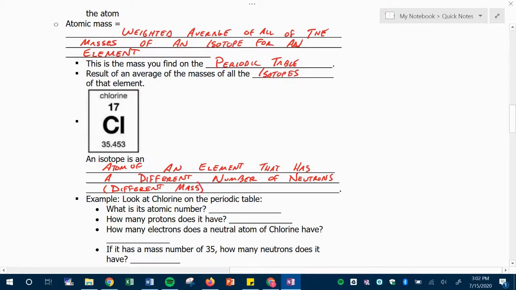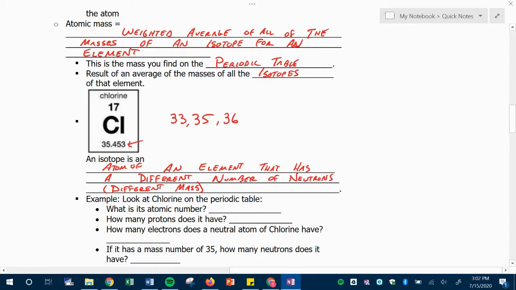And so the idea is, let's just use chlorine. See how it's chlorine 35.453? That means that there are isotopes of chlorine that have a mass of something like 33, some that have a mass of like 35, and some other ones that have a mass of like 36.